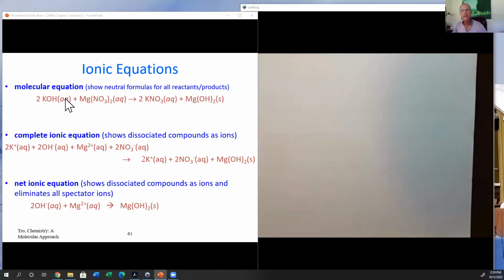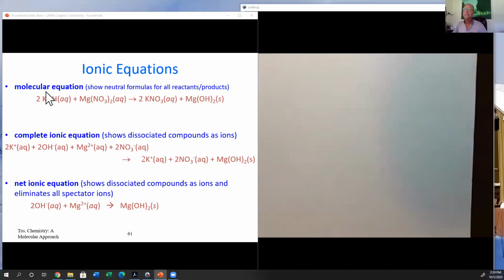Another way to represent this reaction that is actually a little more accurate in terms of what's actually happening in the solution is to write the complete ionic equation. So the complete ionic equation actually shows those compounds that are dissociated into ions, it shows them as ions, right?